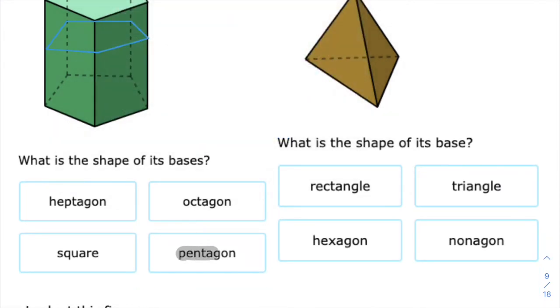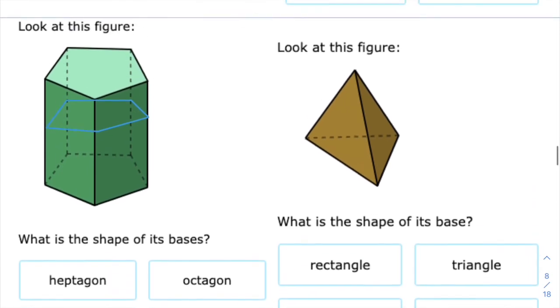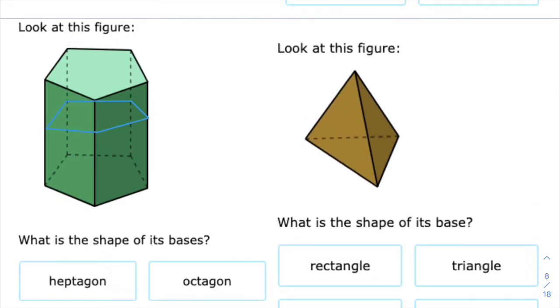So if it's a prism, think about it like sticky notes. Repeat the sticky note on top of each other. How would you get it from top to bottom? If it is a pyramid, then you have to be a little bit more creative. You have to look for the unique figure, not the one that's repeated, but really the one that's unique.